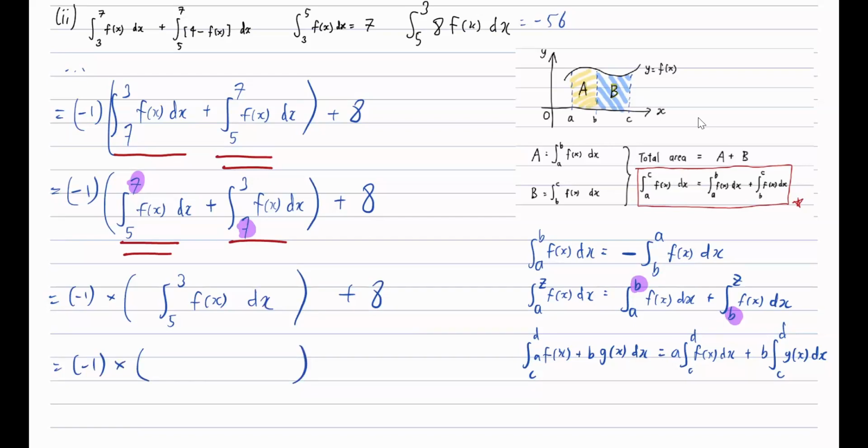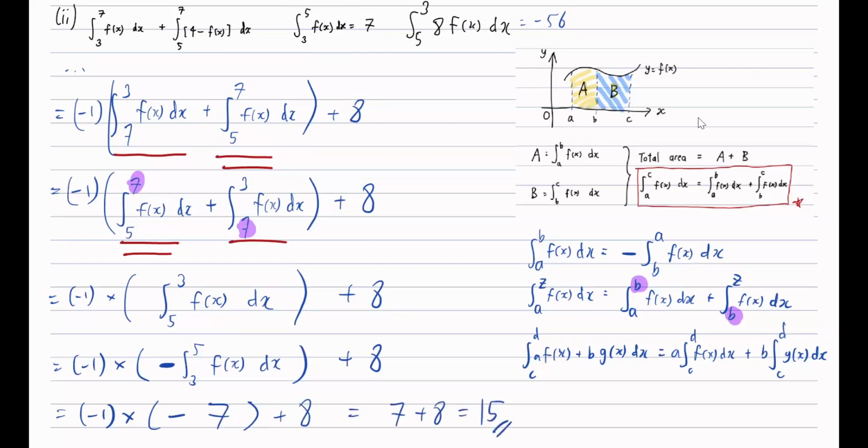But we only have 3 to 5, it's +7. So that's when you need to swap it around. So you integrate 3 to 5, but with an extra minus sign outside, f of x dx, plus 8, which is equal to -1 multiplied by -7, plus 8. -1 times -7 becomes +7, plus 8, which is 15. Okay?